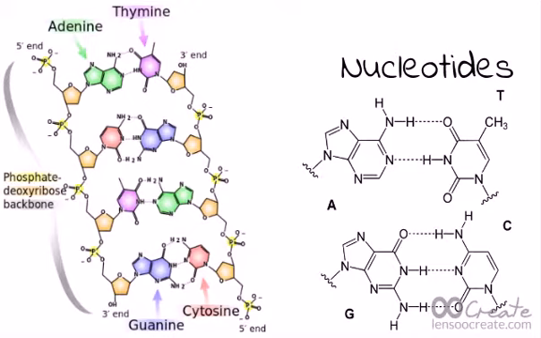Now, the things holding these bases together, what is holding them together? It's called a hydrogen bond, and this is very important. In the next video, I'm going to talk about DNA replication. And in that process, the strand of DNA will unwind and split.